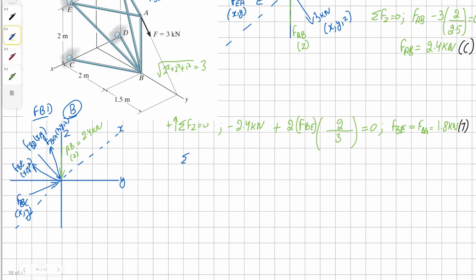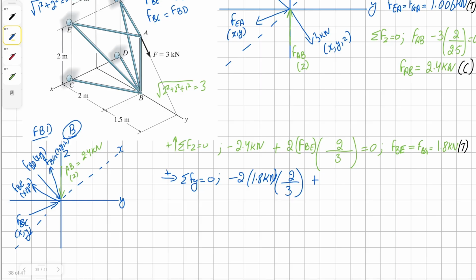Now we can solve the forces in y direction to get a solution for BD and BC. We're going to have negative 2 times 1.8 kilonewton and its y component, which is simply 2 over 3.